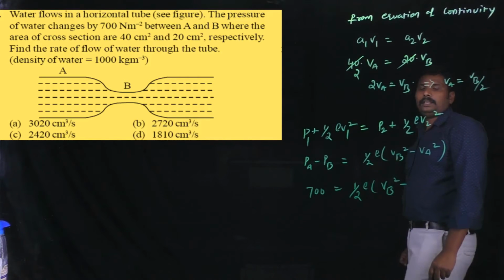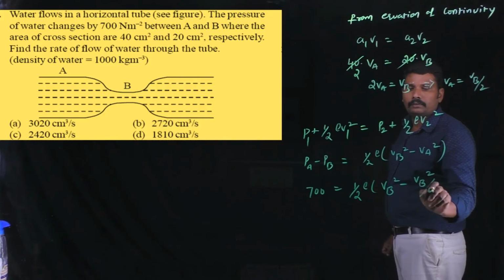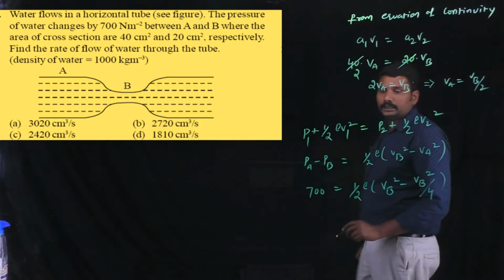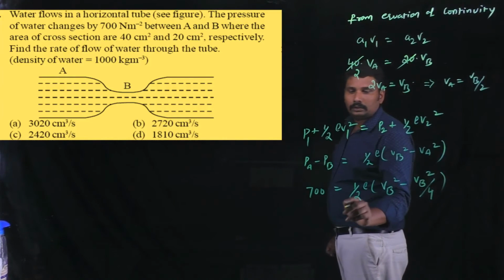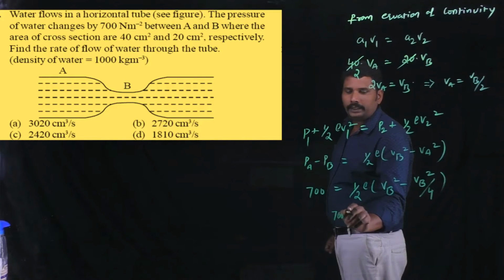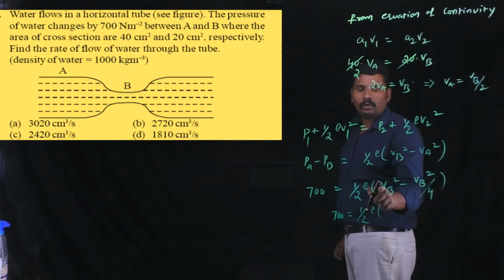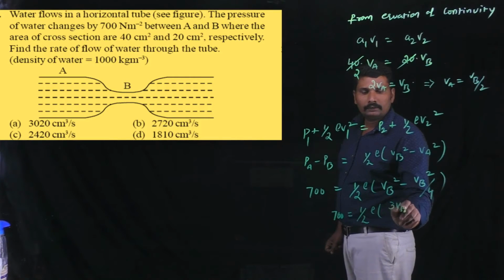By substituting the value, it is VB square by 4. Now on solving this, 700 is equal to half rho into 4 VB square minus VB square, that is 3 VB square by 4.